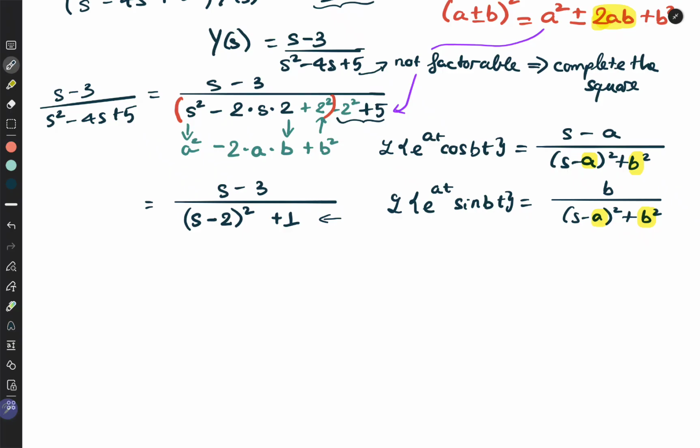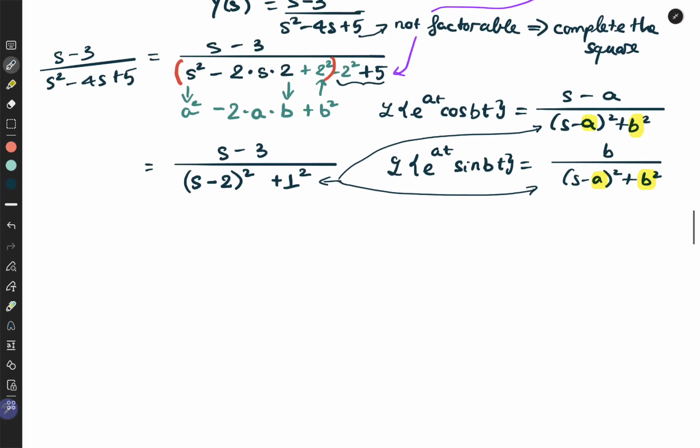So according to that, if I want to pull out those two Laplace formulas, I need to do something with this numerator, s minus 3.